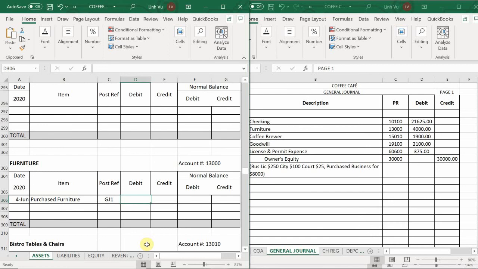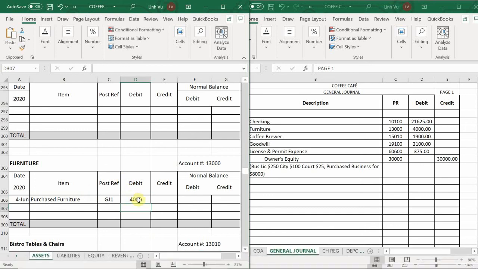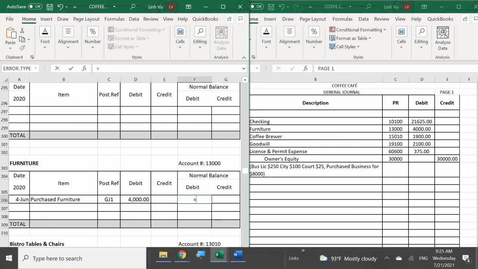And now let's take a look at my journal, because whatever I post in my journal should be identical in your ledger. I increased my asset, my furniture account, with a debit of $4,000. I'm going to just format this real quick. All right, $4,000. So if I increase my account with a debit of $4,000, therefore, my normal balance should start off with a debit balance of $4,000.